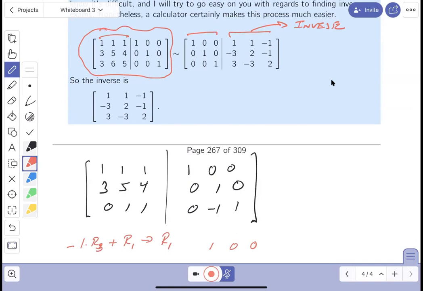All right, get my eraser. It doesn't look right. Okay, so -1 row 3, so that'd be 1, none, none. What do I get over there? 1, 1, -1. I'm going to get my eraser. I'm going to erase.